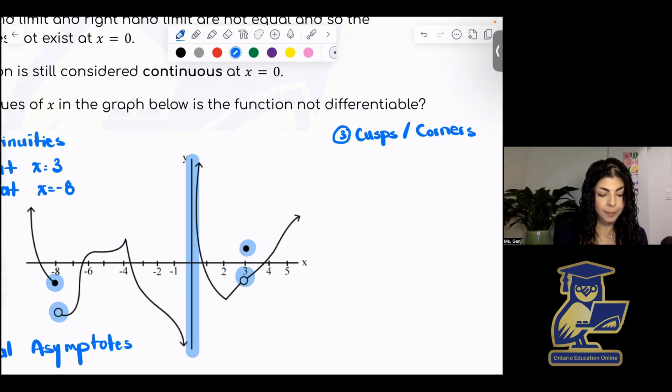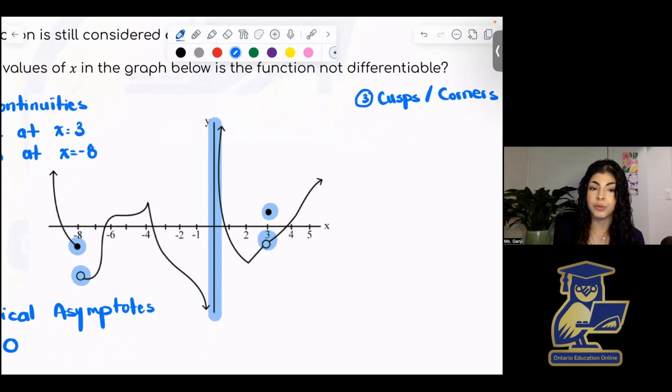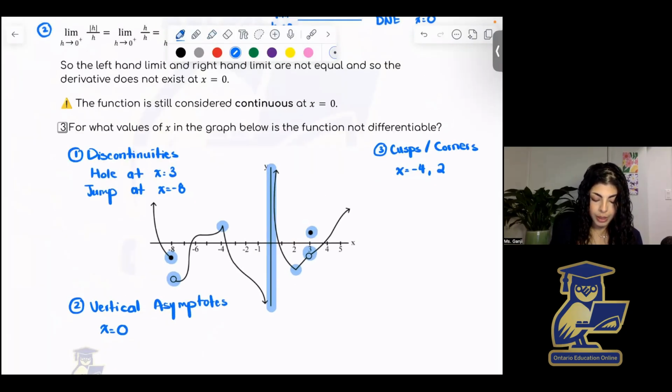So the instantaneous rate of change will be those vertical tangents, and this actually happens over here and over here. So x is -4 and x is 2. So we can see that for 5 values of x, our function is not differentiable based on its graph.